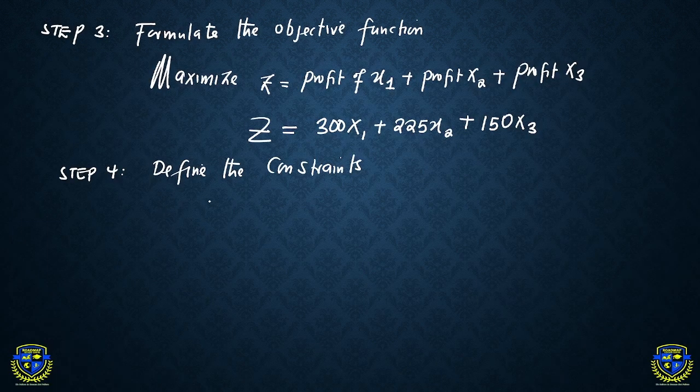So we'll say 2X sub 1 plus 5X sub 2, then plus 10X sub 3 is less than or equal to what? To 900. Please take note that this is for leather.